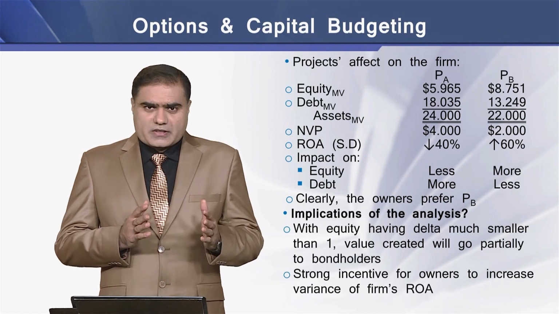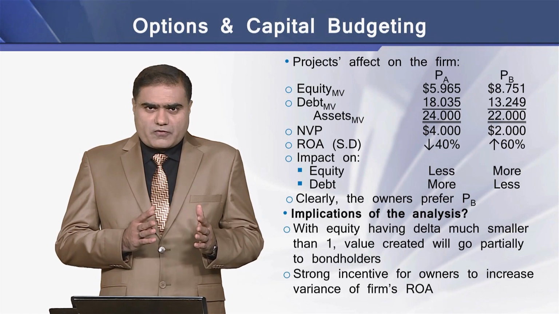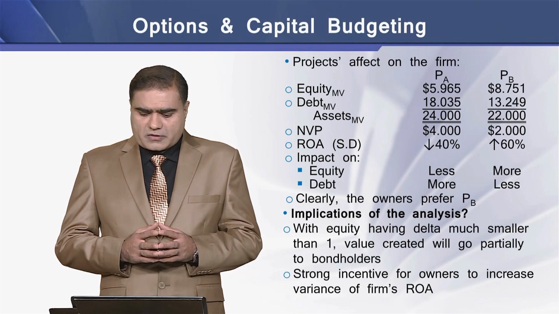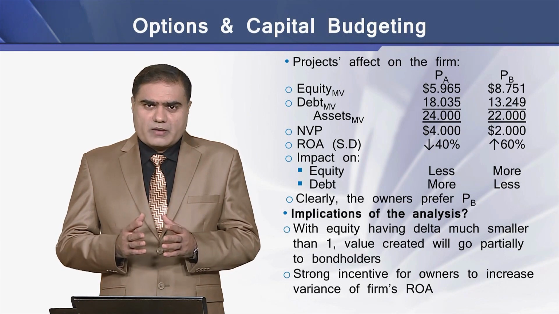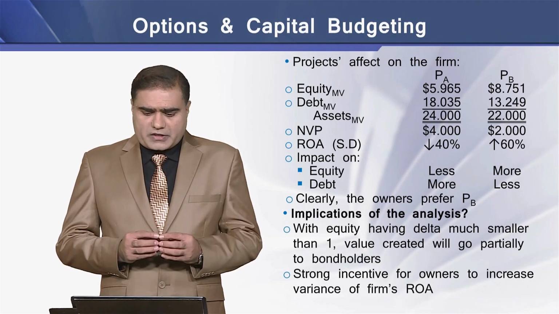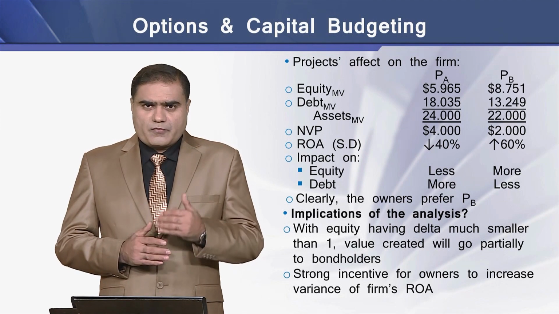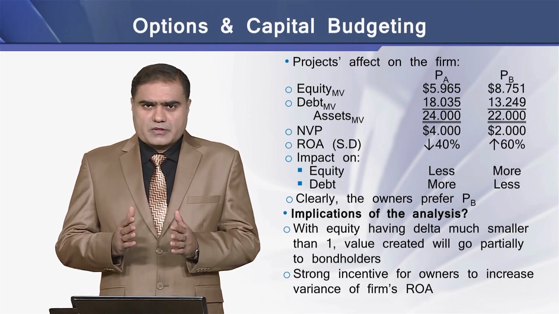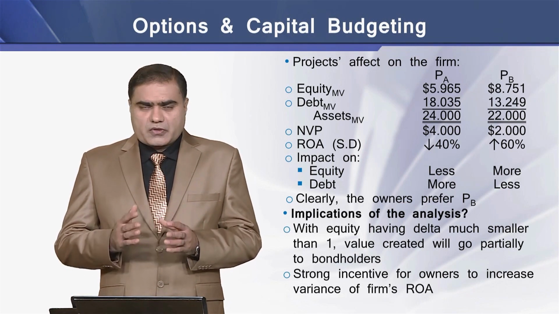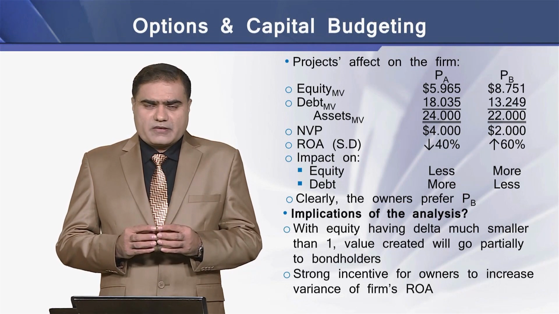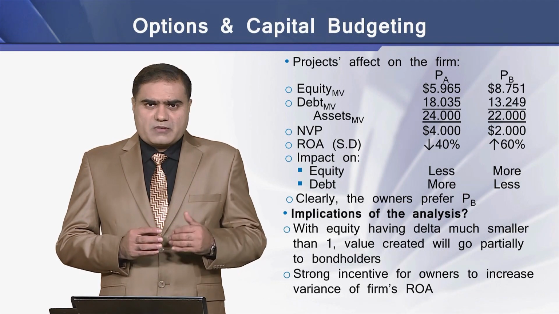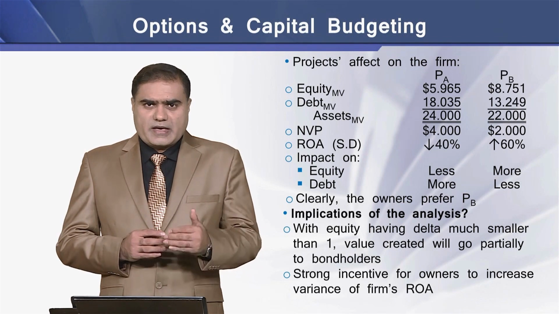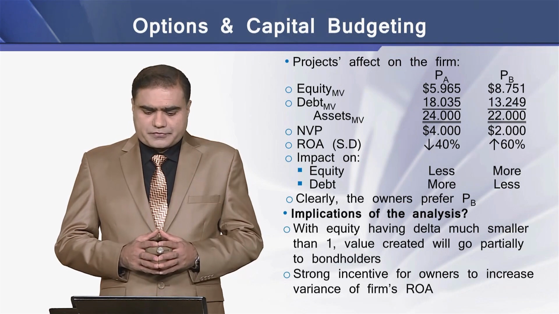For debt, the market value for Project A is 18.035, whereas for Project B, it is 13.249 million. So, the total market value of the assets of the firm in Project A is $24 million, and for Project B, it is $22 million, and that is in fact the sum of the 20 million earlier value of the assets and the NPV of the individual project.